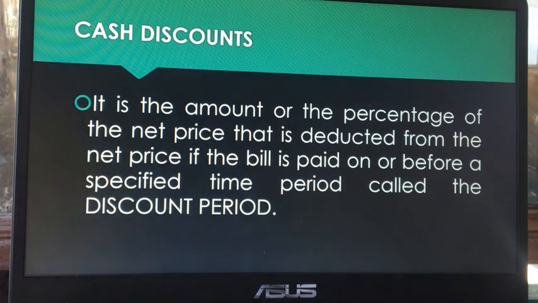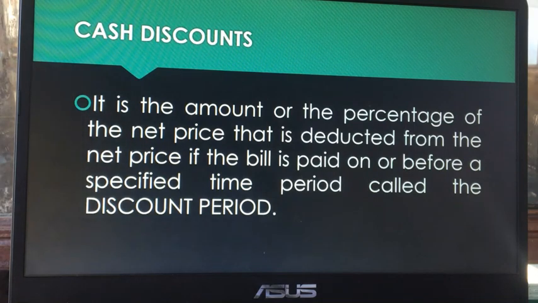As you can observe, cash discount and trade discount have similarities. Trade discount is applied to each item, while the cash discount is applied to the total amount of all the items that you purchase.